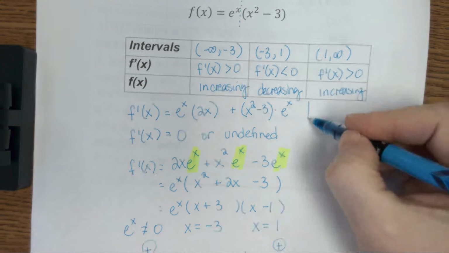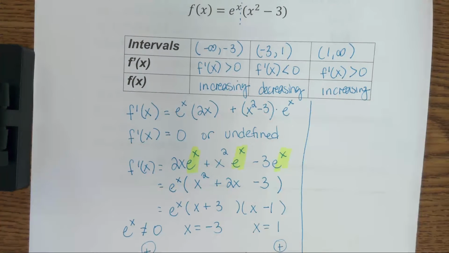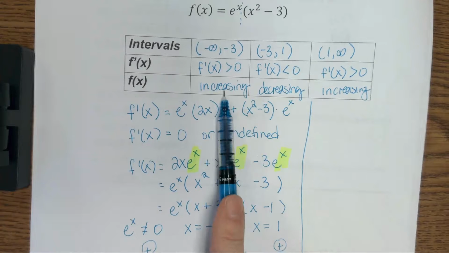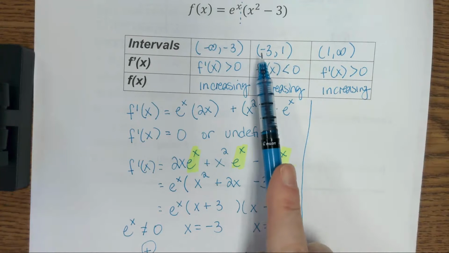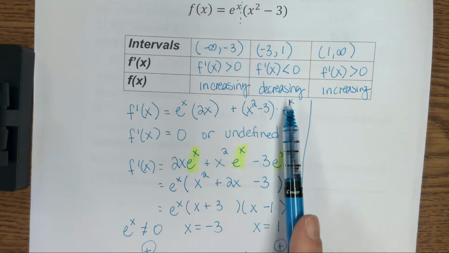Let's answer the question then. So if the function here is increasing and it switches to decreasing, what has happened at negative 3?